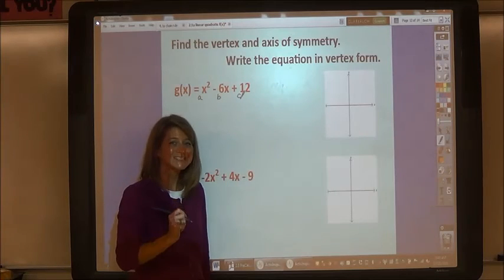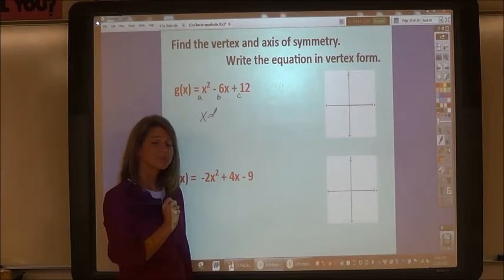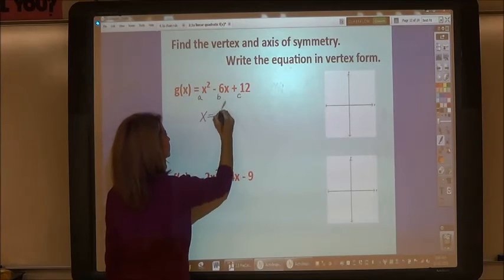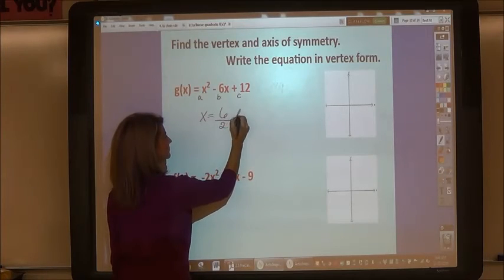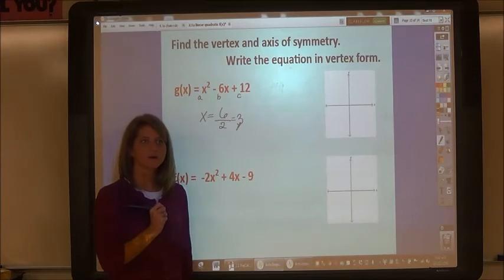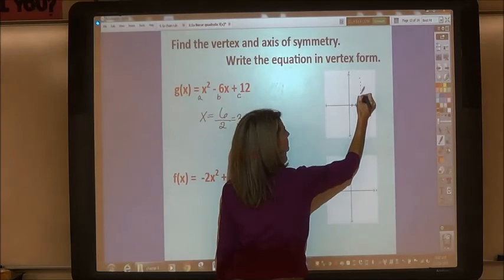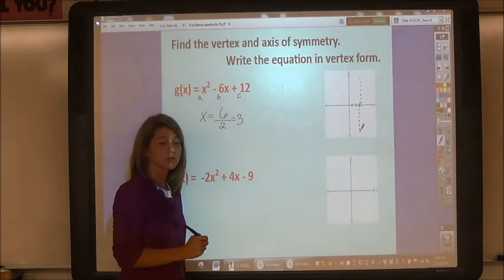And I'm being careful that it's in the right order this time. So x equals, opposite of b would be a positive 6 because I have a negative, over 2 times 1, just 2. I think we found our axis of symmetry.